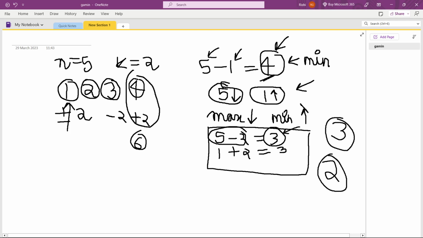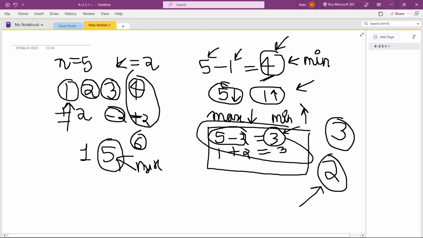I can add 2 or subtract 2 in 3. So if I subtract 2 from 3, that will result in 1, and if I add 2 to 3, that will result in 5. So if I take the case of adding, that will be my new maximum, not this one which I got from subtracting. So these two which I am getting are not the maximum and minimum, but we are thinking that they can be a maximum or minimum.